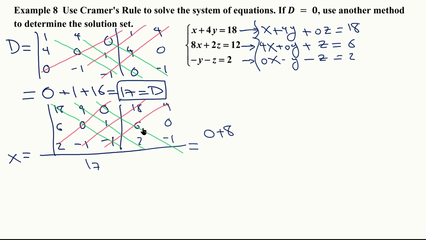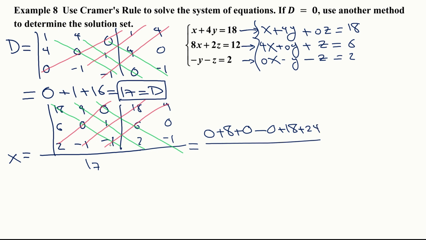This one is going to be 0, right? So +0. I mean, we don't have to write it, but just so we know what goes where. Minus 0, right? Minus a -18, so that becomes +18, correct? And then minus -24, so that becomes +24.